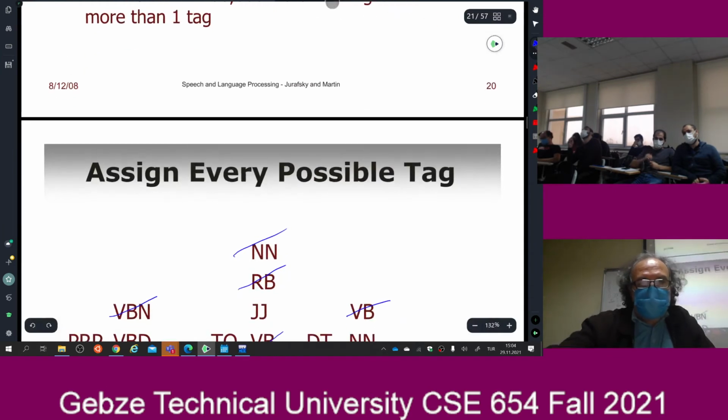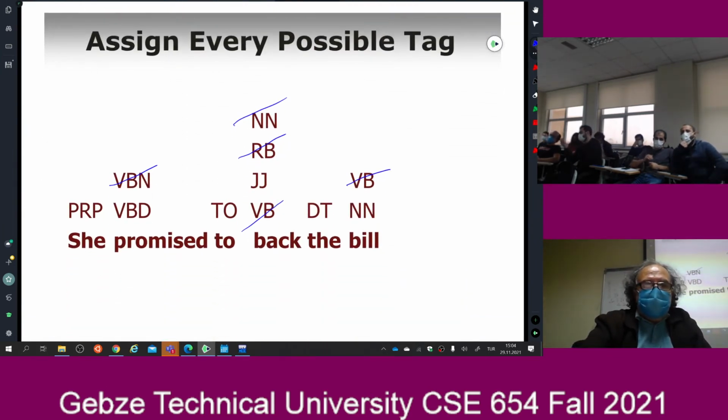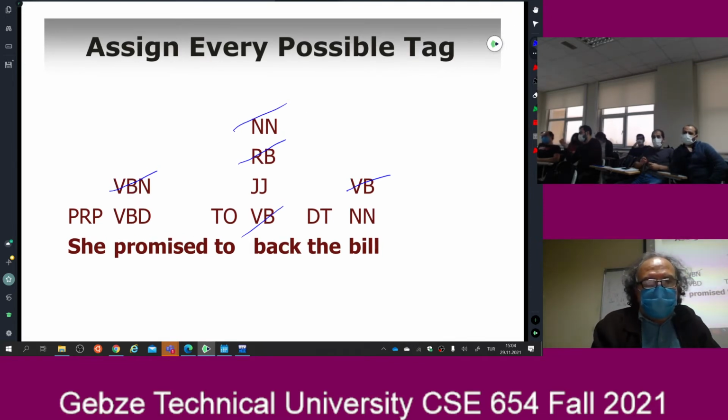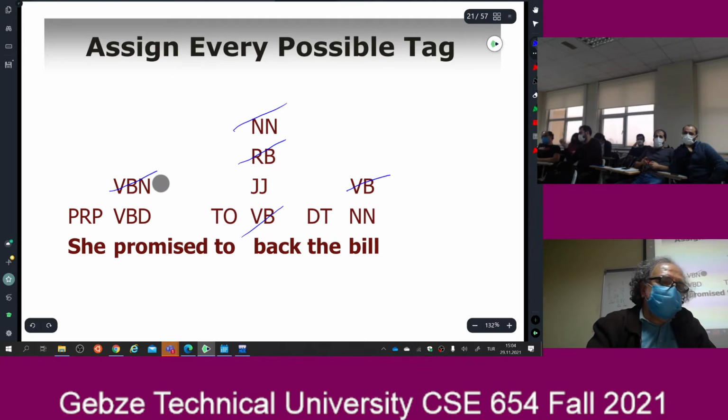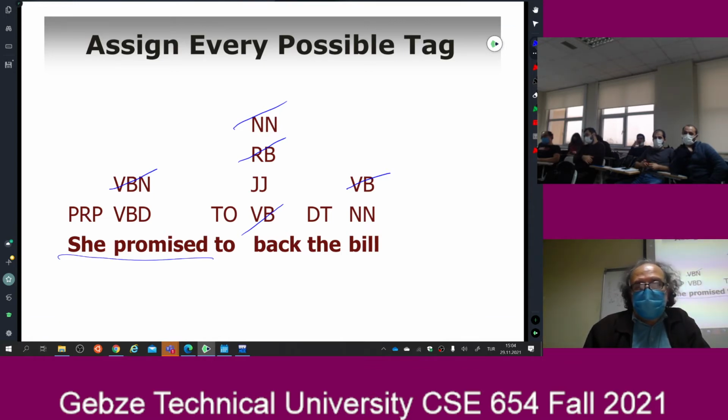Okay, so let's look at some of them. This is what I'm going to do. Let's eliminate this one and this one. So what is my rule to eliminate the second form, the past? When you say "she promised", it cannot be simple past tense. Why? Because it has to be "she has promised", right?